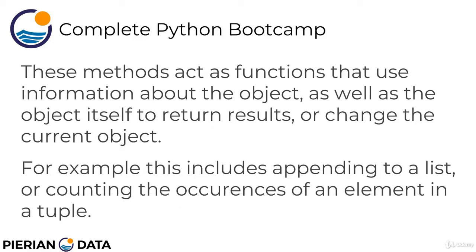These methods act as functions that use information about the object, as well as the object itself, to return results, or edit or change the current object somehow, such as when you called .sort on a list, it went ahead and edited the current list. For example, this includes appending to a list or counting the occurrences of an element in a tuple. So those methods use information about the object and then either return a result or they edit and change the current object in some manner.